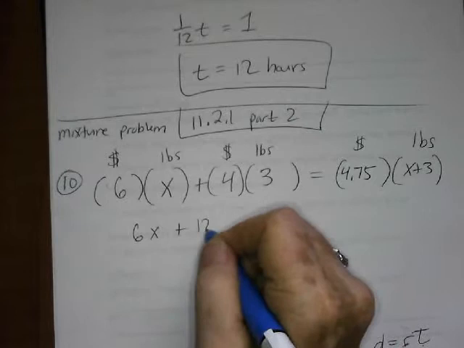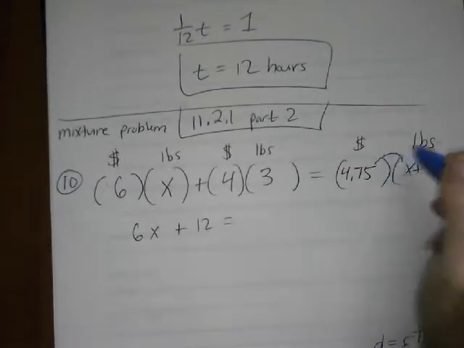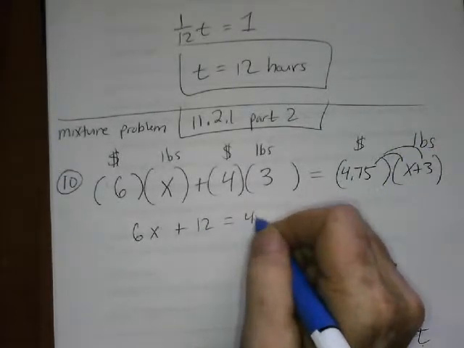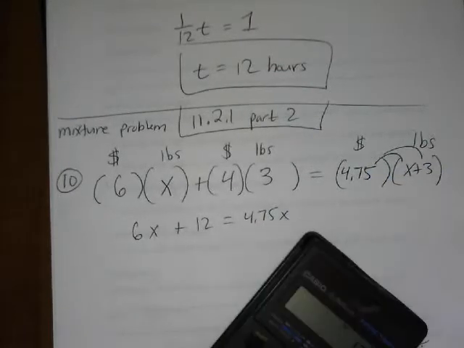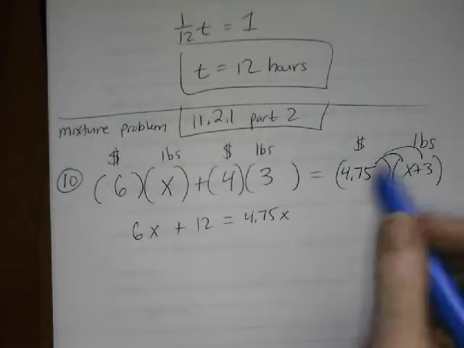4 times 3 is 12. Distribute: 4.75 times X is 4.75X. 4.75 times 3 is, let's see, 14.25.